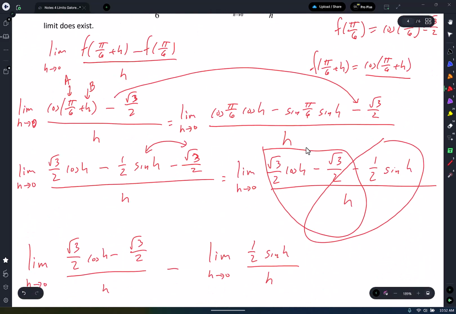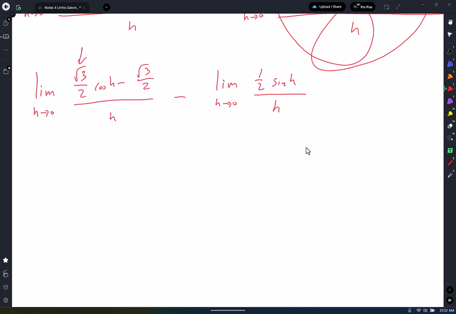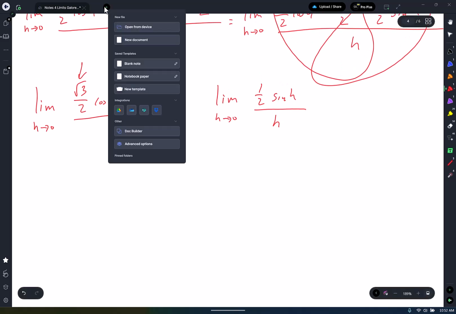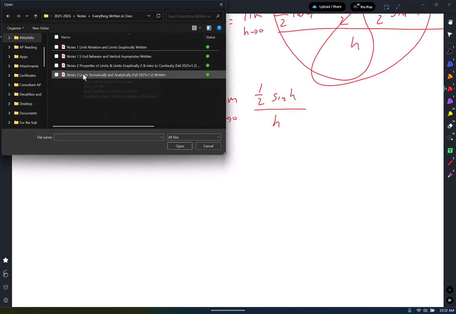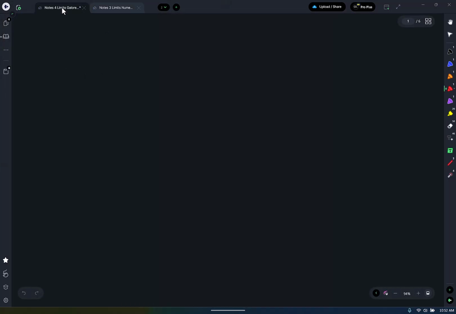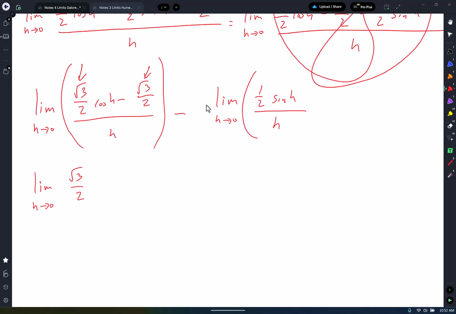Are we okay? So check it out, guys. There's a square root of 3 over 2 here and there's a square root of 3 over 2 there. I'm going to take out my notes from yesterday because I want you guys to see it. Can I factor out a square root of 3 over 2? Here we go. Limit as h approaches 0, here's my square root of 3 over 2 factored out, and I put parentheses so you don't get confused about the argument: cosine h minus 1 over h, close it.